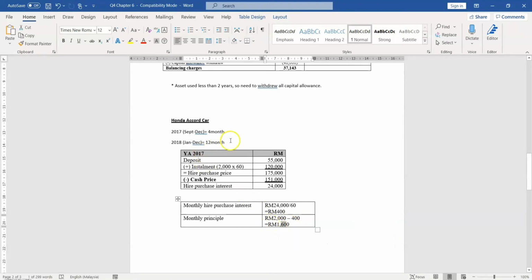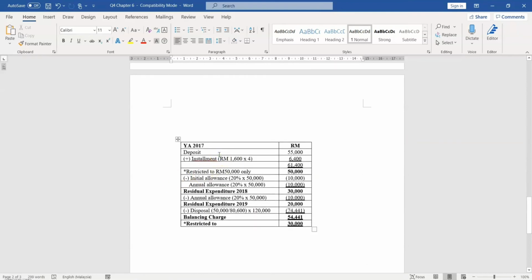And we calculate for this because the Honda Accord car was bought in September 2017, so 2017 has 4 months and 2018 has 12 months, and the car had an accident and was disposed in August 2019, so later we will calculate the disposal.